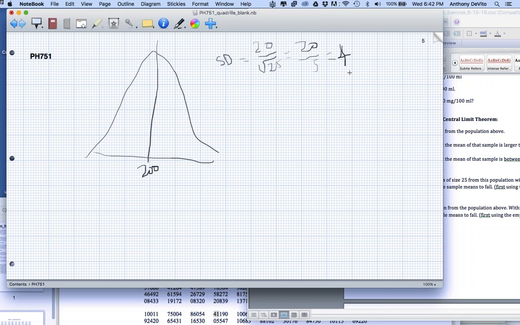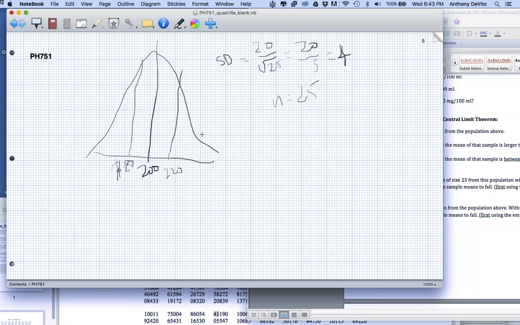Now we can use that to say, well, gee, if I were to take a sample from this population, what's the probability, if I took a sample of size n equal to 25, that I would get a result between 180 and 220 for my sample mean?